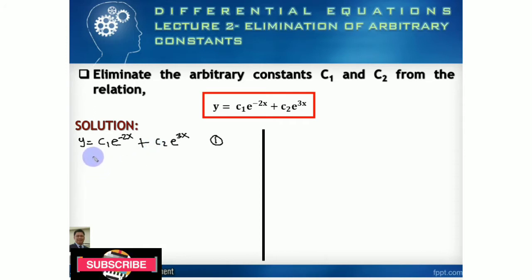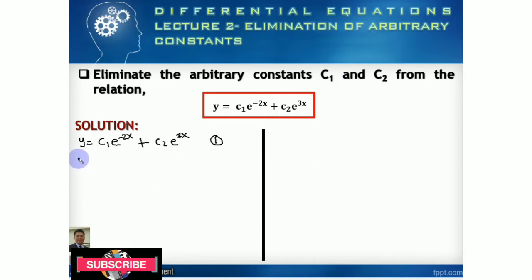So we need to get the first derivative of this, and after the first derivative we are going to get the second derivative, so that we can get our equation free from the arbitrary constants C1 and C2.